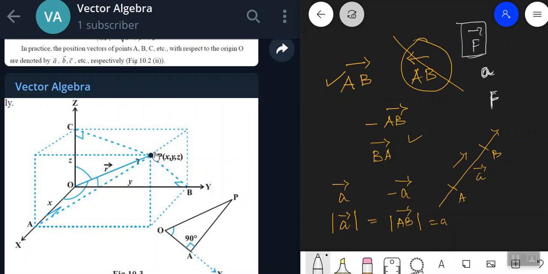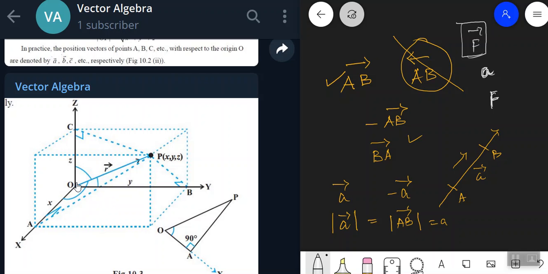Then what about the point P under observation? It will lie based on x, y, z, so we can represent this as P of x, y, z. Now you must remember one important aspect. Let us consider this triangle OAP, and you may find A is perpendicular. Do you agree with me? You have to visualize this very carefully.